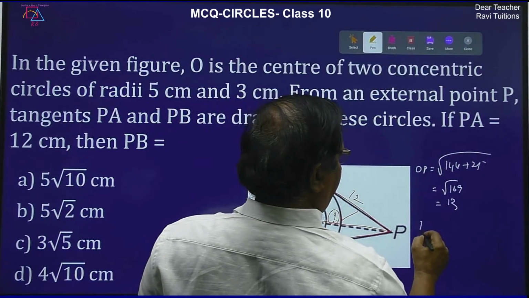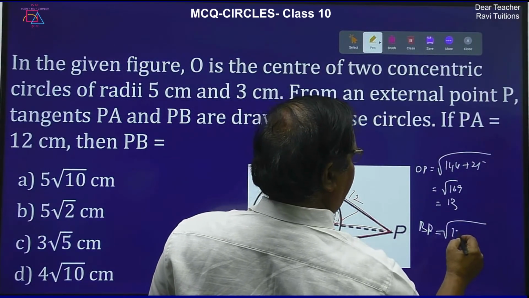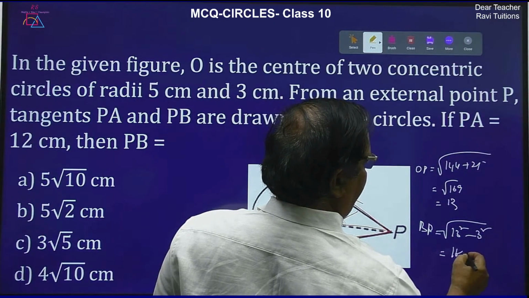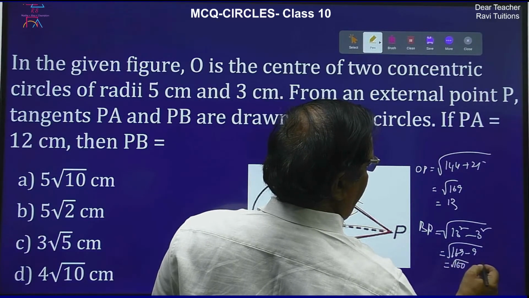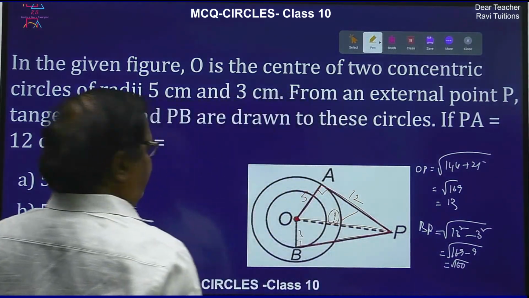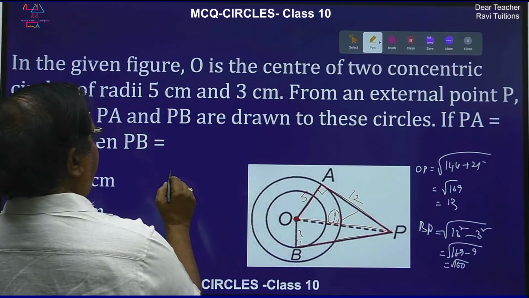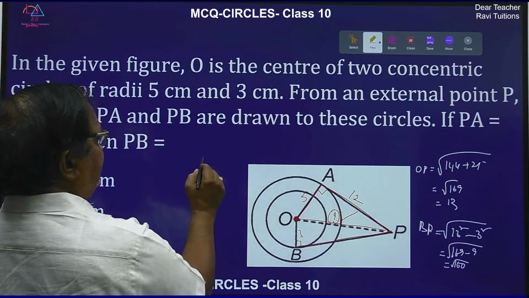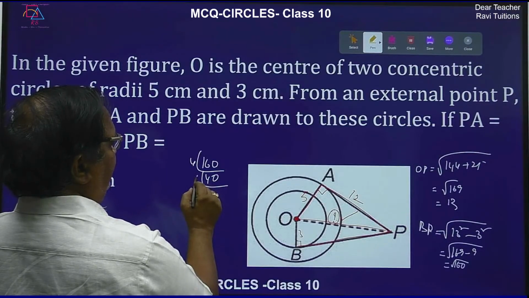So BP is equal to square root of 13 square minus 3 square, so 169 minus 9, which is 160. 160 you can write in the mixed form like this: 4 into 40, 4 into 4 into 10.